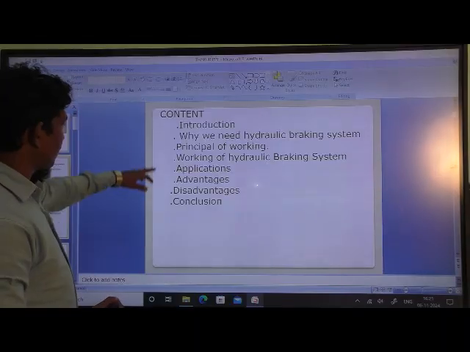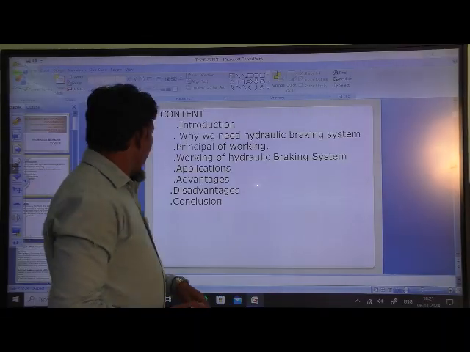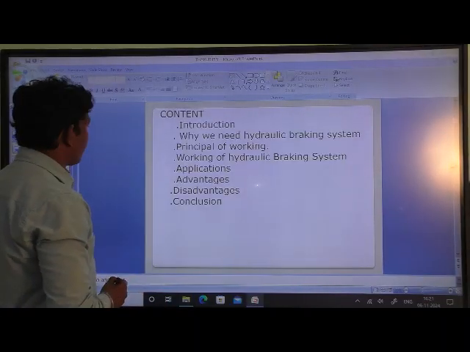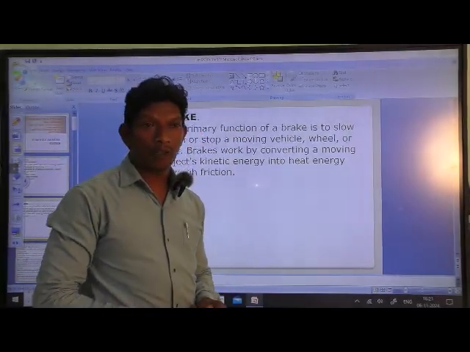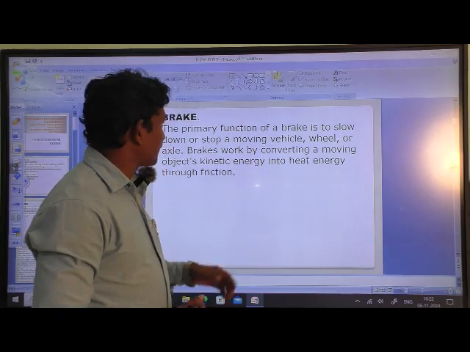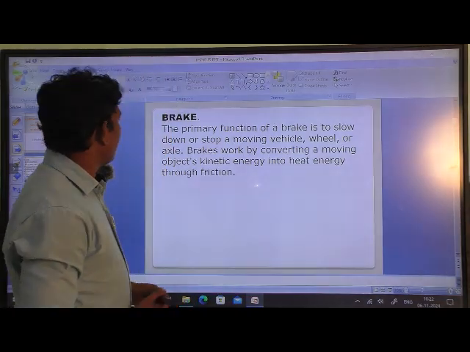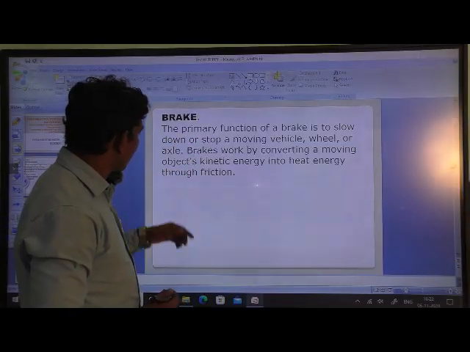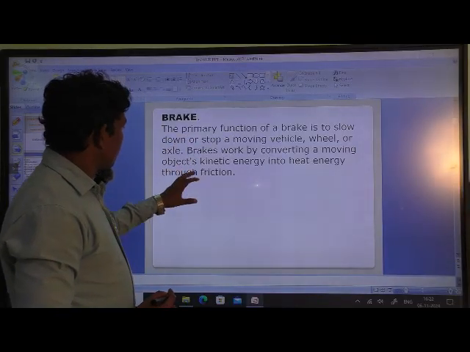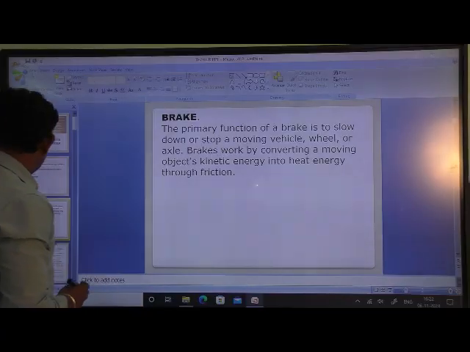So, introduction. In the hydraulic braking system, the brake is operated with the help of hydraulics or fluid. What is a brake? Brake is a component which slows down the moving vehicle.